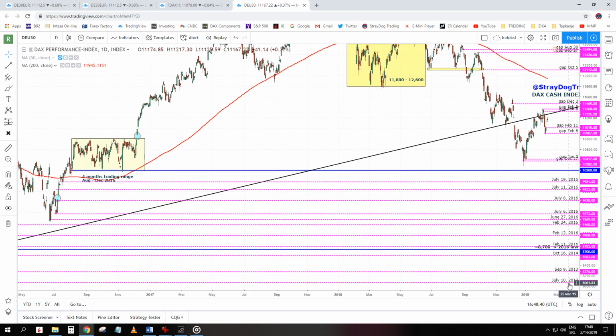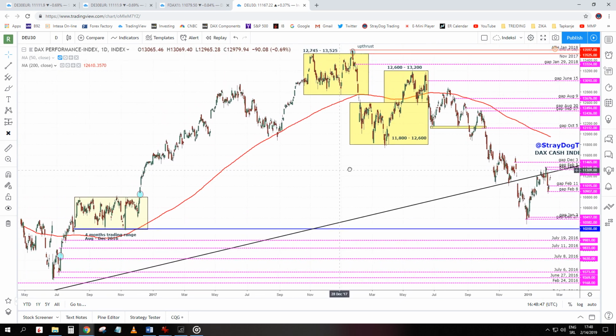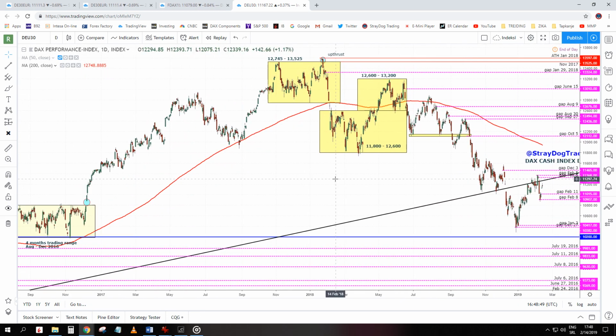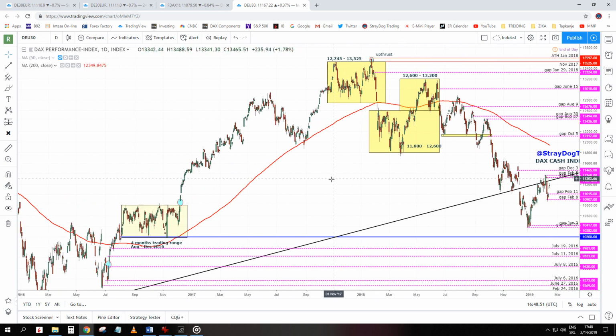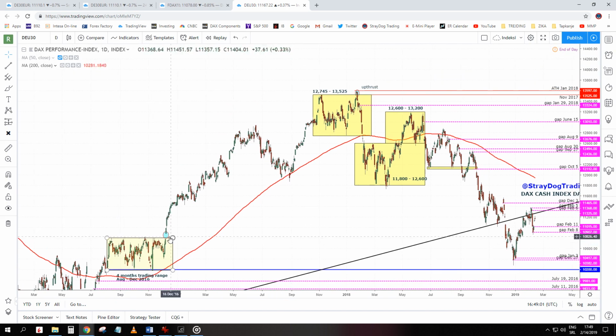There are gaps from 2013, and years before that. I keep track of all of them. I wasn't born yesterday, I've been trading the DAX for many years, and for many years these lines are here waiting. That doesn't mean that these gaps are going to be filled. But this one did. It took two years.